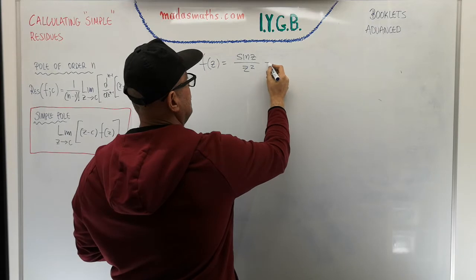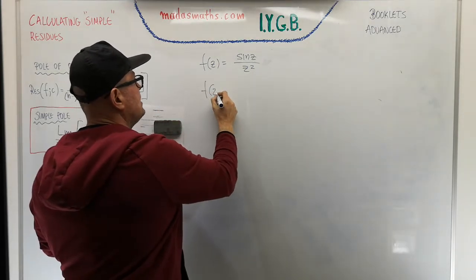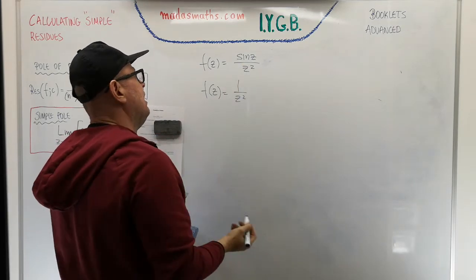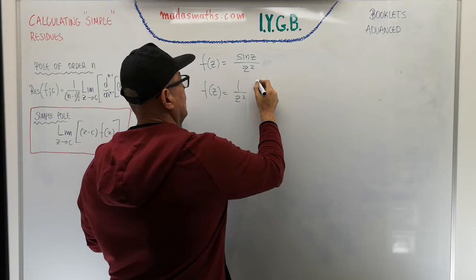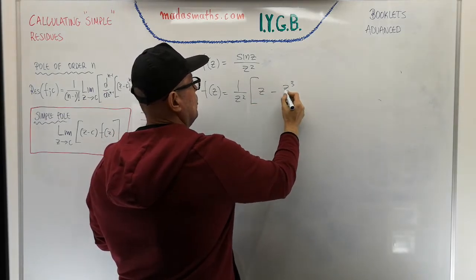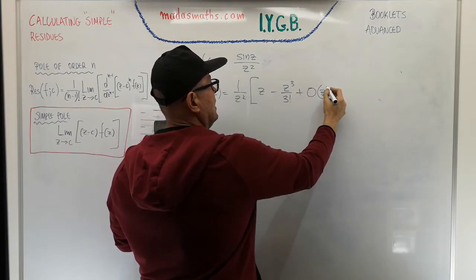F of z is equal to 1 over z squared times the Taylor expansion of sine z, which is of course z minus z cubed over 3 factorial plus higher order terms.